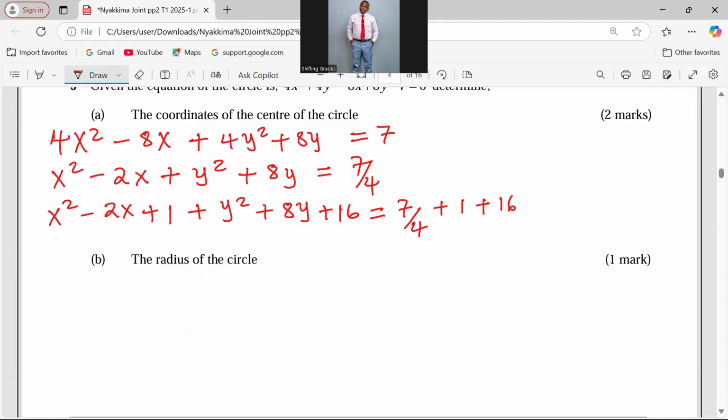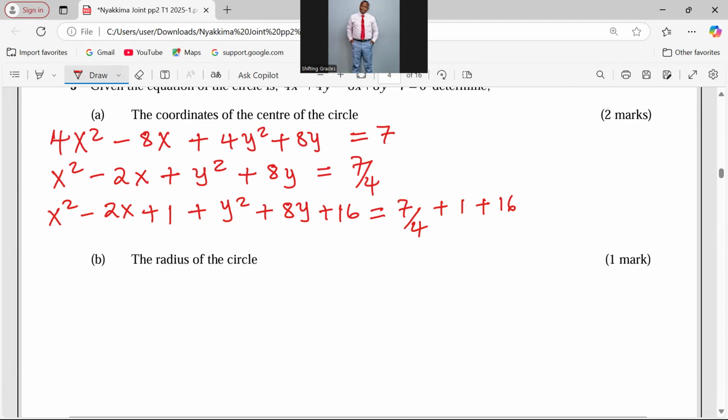So the other thing to do now is to do what? We factorize. We're supposed to factorize both the first perfect square and also the second perfect square of y.